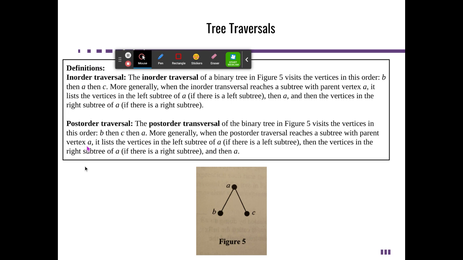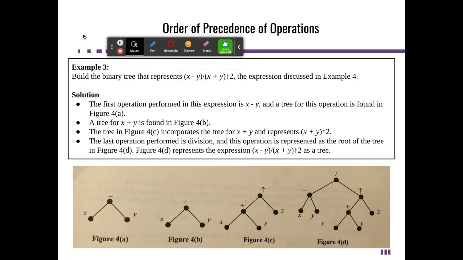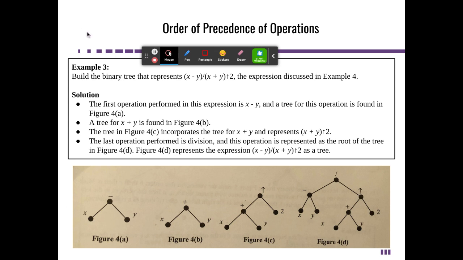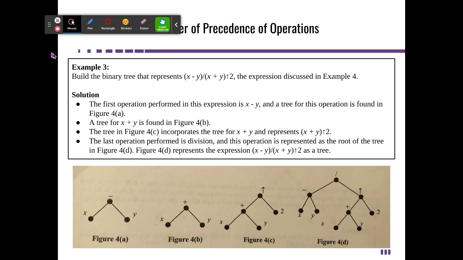And so if we wanted to make a binary tree of that, let me move this out of the way. There we go. All right, so the first thing we said we would do is start to build binary trees that represented the operations that we needed to perform.